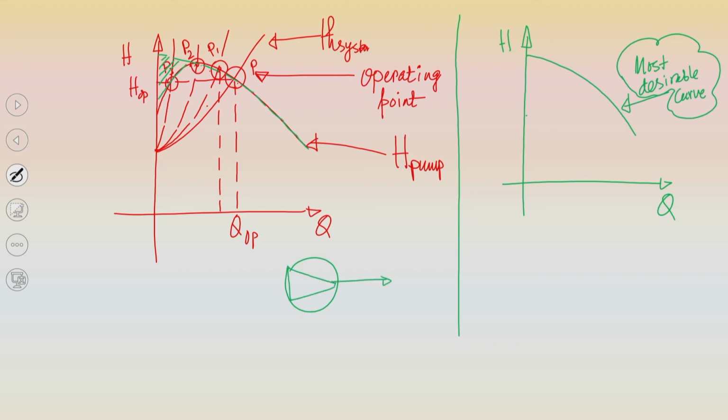This pump is used to deliver water in certain areas of a station, and it is taking water from a sump. Right. And as I told you, there will be recirculation losses at the pump suction site.